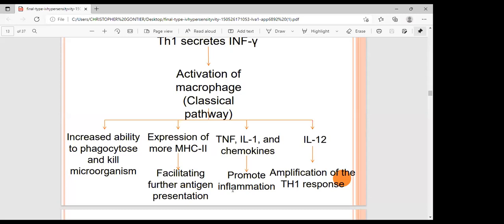At the same time, the activated macrophage itself produces interleukin-12 that can act on both the APC and the Th1. This will be classically seen in TB. In the pathophysiology of TB, essentially what we're talking about is a type 4 delayed hypersensitivity reaction.